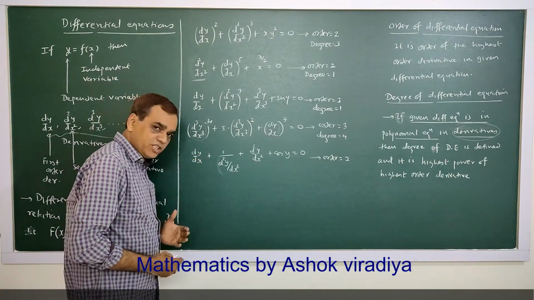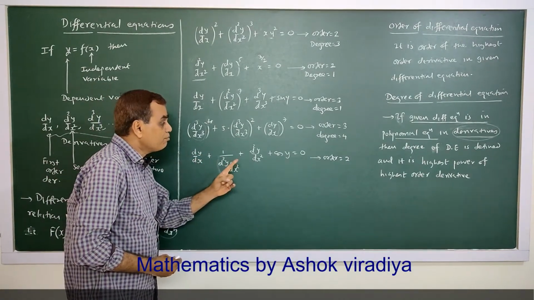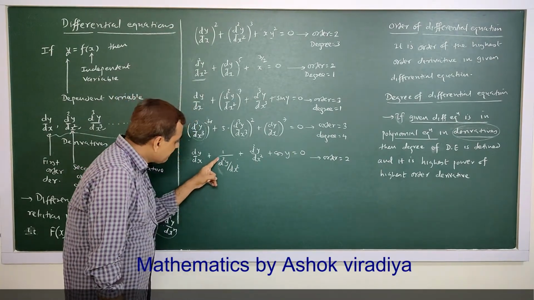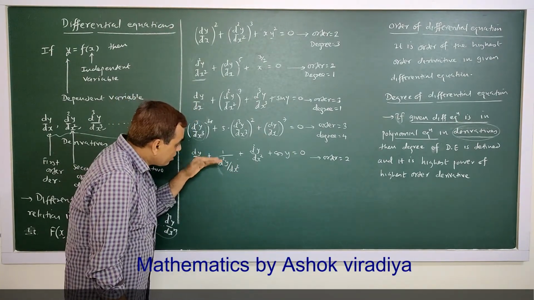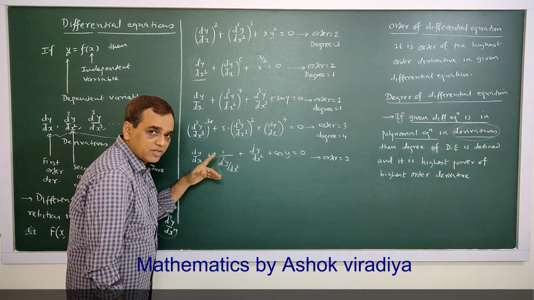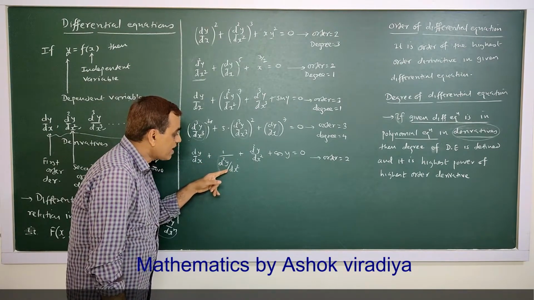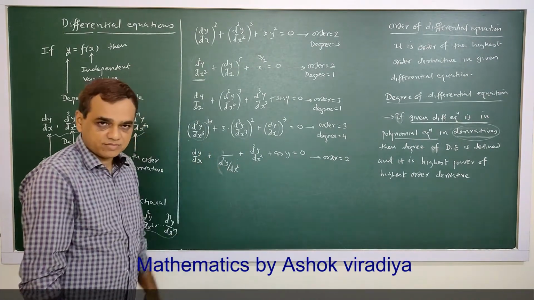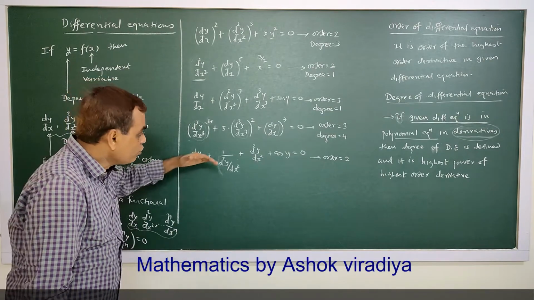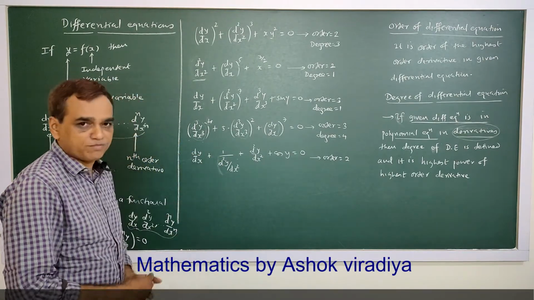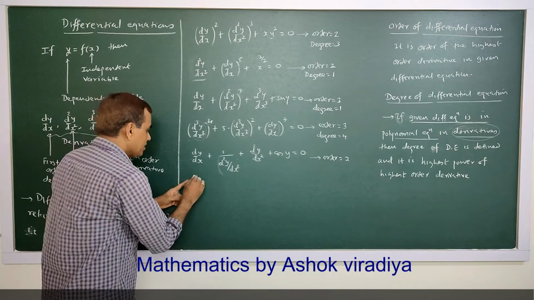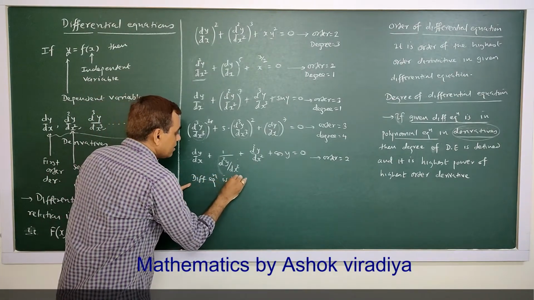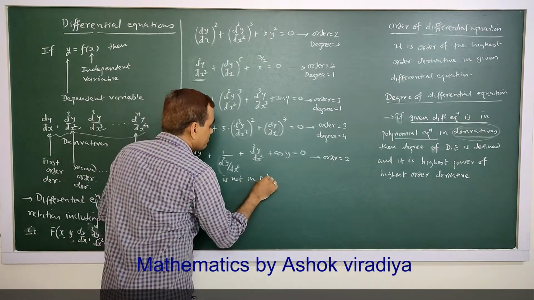See, this equation is not a polynomial equation in derivatives, because this derivative is in the denominator. That means d²y/dx² has power -1, which is not allowed. So we have to convert this into polynomial form. This differential equation is not in polynomial form.